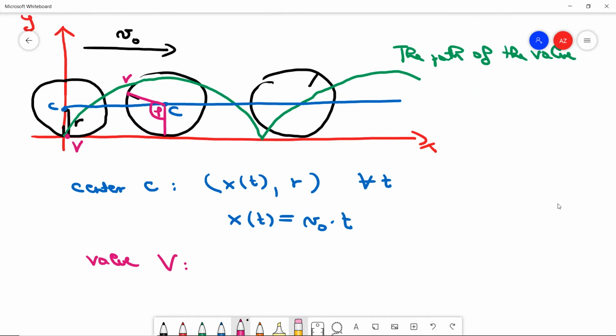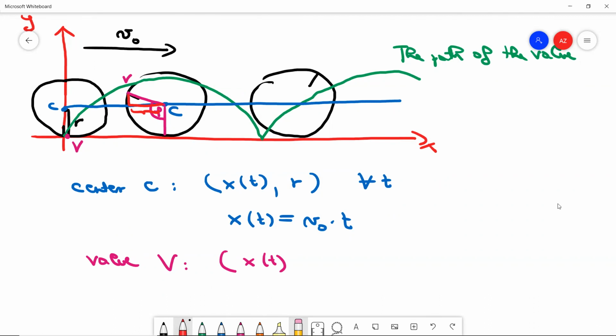So the position of the valve: we have to subtract from x of t this part. And how is this part connected with phi?